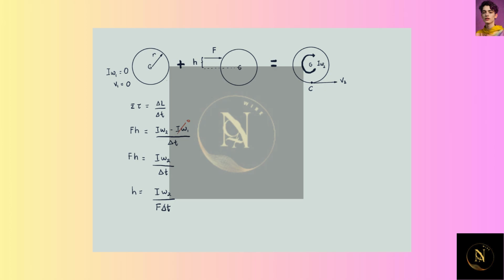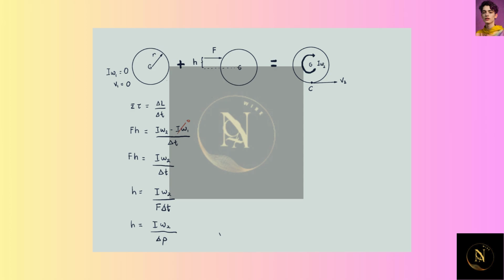F times delta t here is equal to impulse, which by the impulse-momentum theorem we know is equal to the change in momentum. Hence, our equation becomes h equals I omega 2 over the change in momentum.